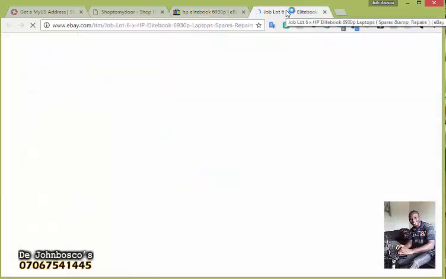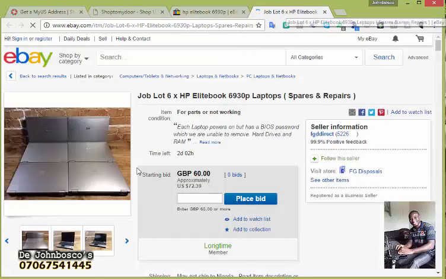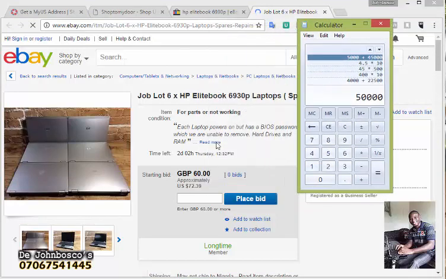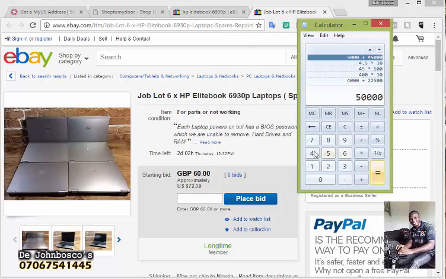So on average, we are getting these laptops at $12 for each of them. So let's see, $12 times 500. You have actually bought all these laptops for 6,000 naira. That sounds funny, isn't it?